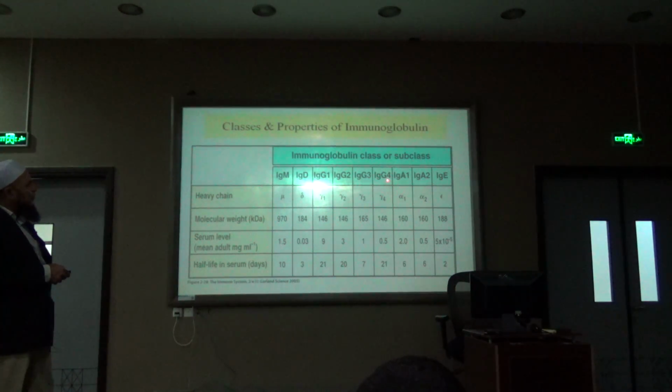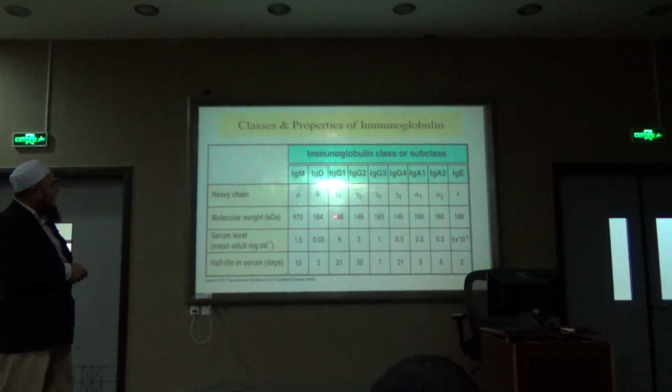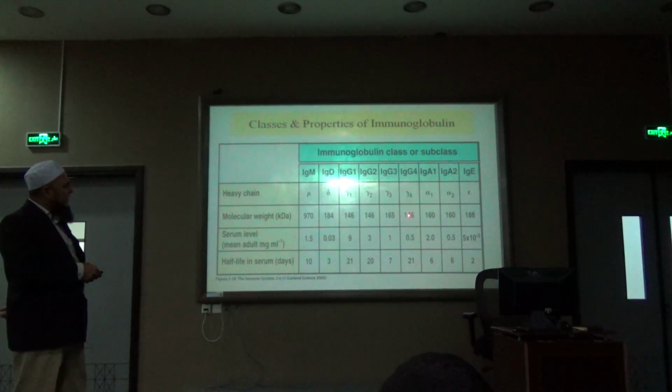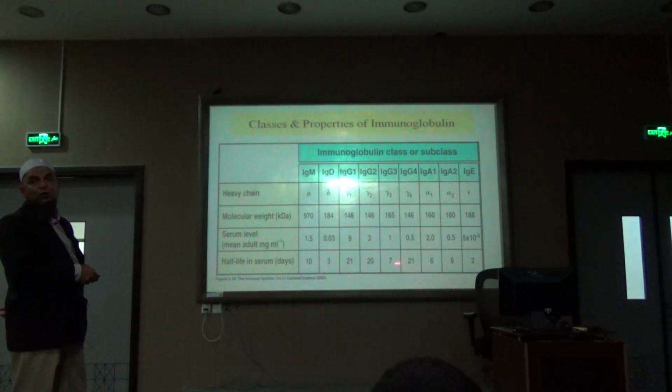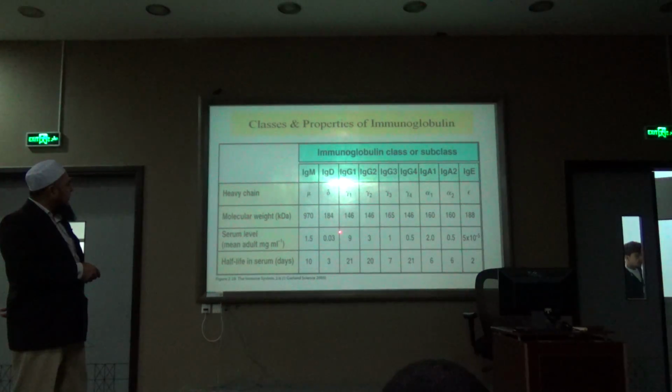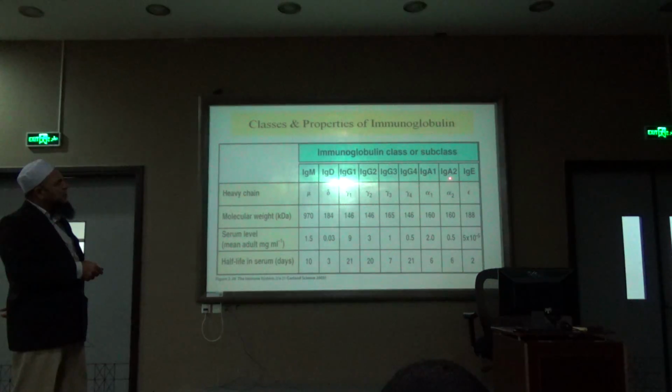For IgG, if you combine all the subclasses, the half-life is almost 20 days, so they stay for a long duration, and their levels are much higher. IgA, if you combine, is almost 160 and 6 days. And IgE 188 and 2 days. Okay?